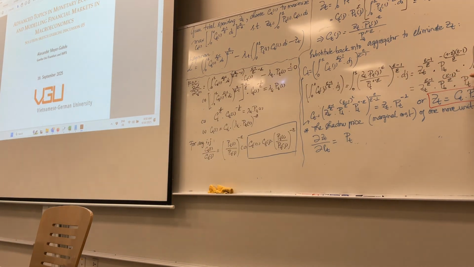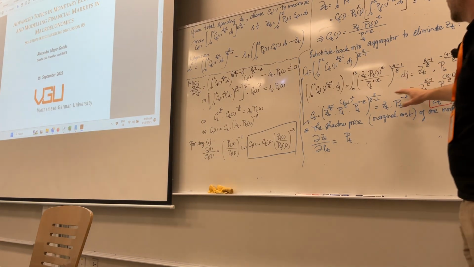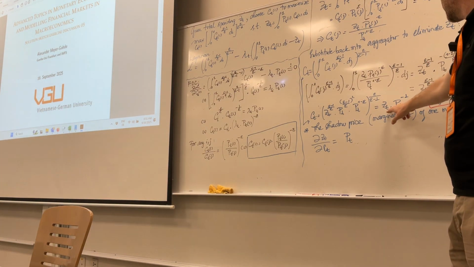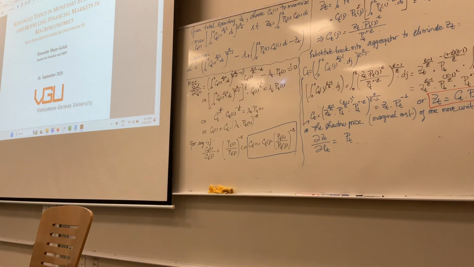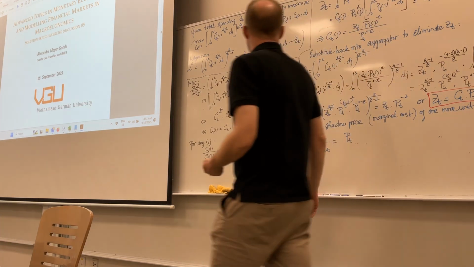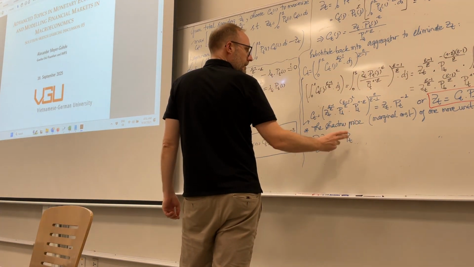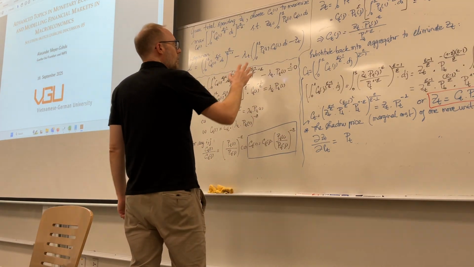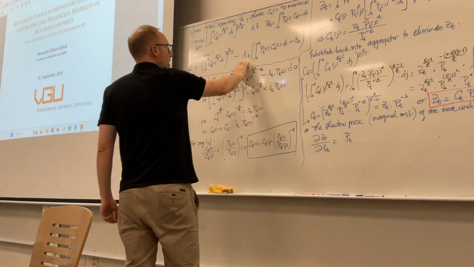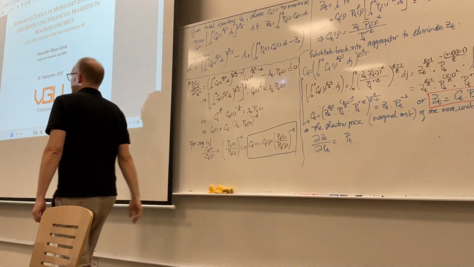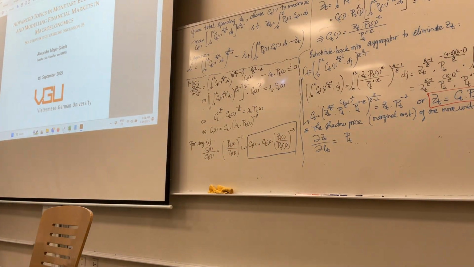We can do some canceling out of things here, and we get that CT is equal to ZT times the inverse of PT, or we get an expression for ZT. And you get that the shadow price of one more unit of the index, that's another way to interpret lambda, is exactly PT. Fantastic.